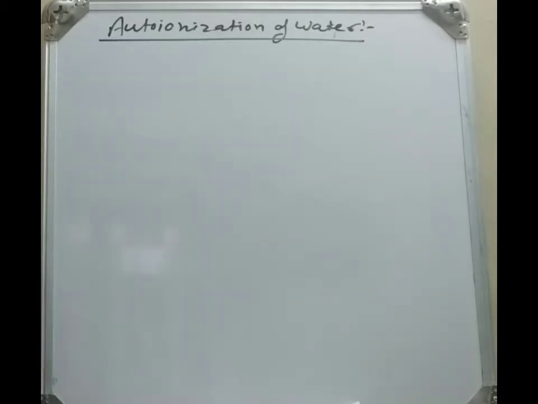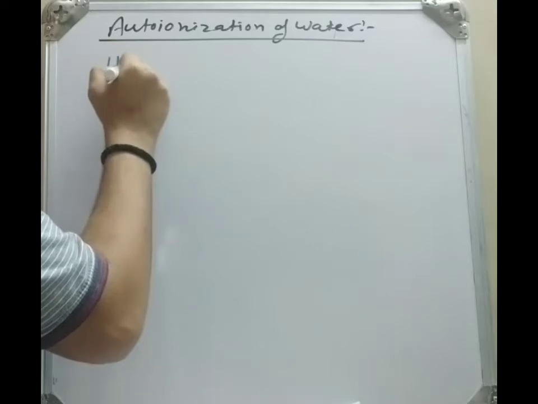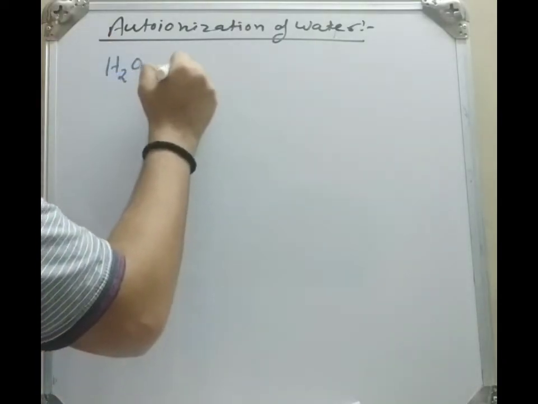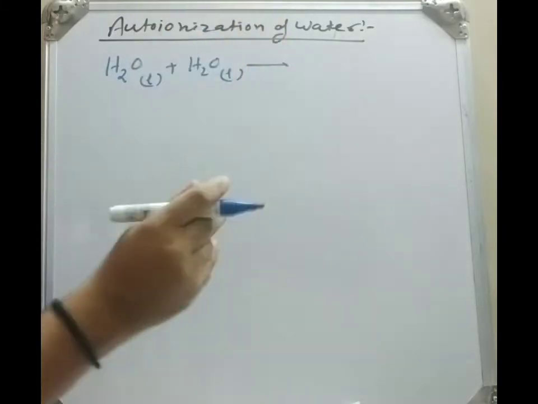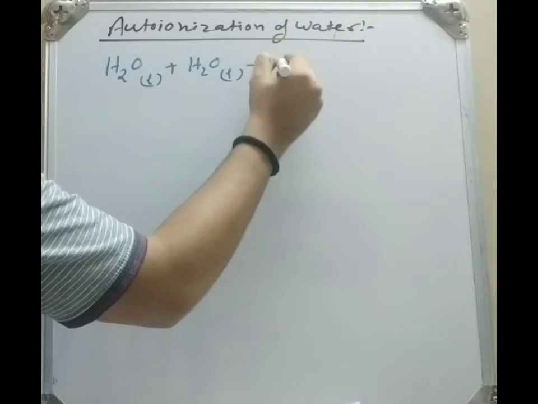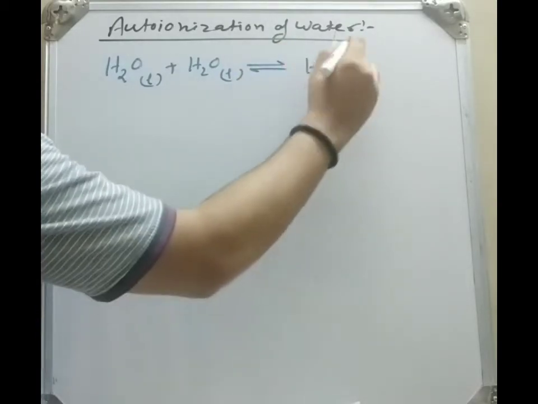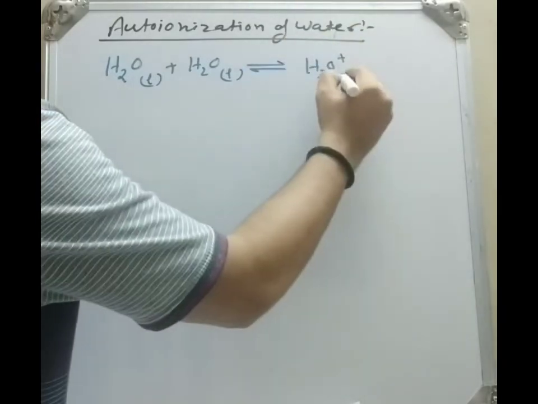But H plus ion never exists in the free state in water, so it combines with water and forms the hydronium ion, H3O plus. Sometimes instead of H3O plus, we can write H plus ion also. So the equation is H2O liquid dissociates into H3O plus aqueous and OH minus aqueous.